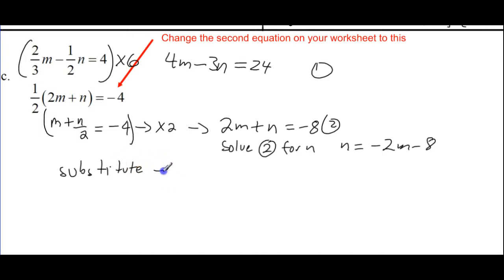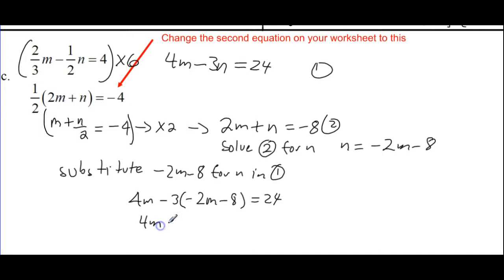We're going to substitute negative 2m minus 8 for n in number 1. So number 1 is 4m minus 3. Now instead of n, we're going to put in negative 2m minus 8, and that equals 24. 4m plus, minus times a minus, plus 6m plus 24 equals 24. 10m equals 0, so m is 0.